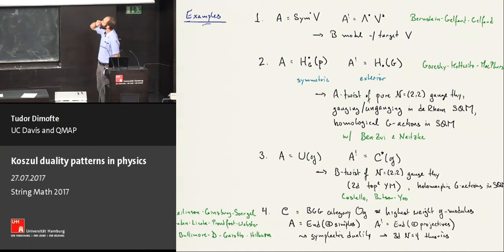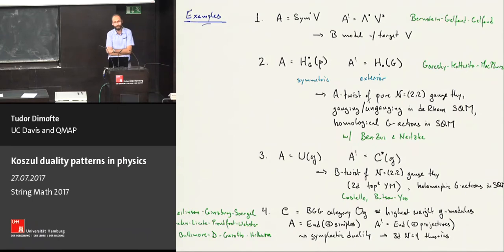So if you actually want to see something more natural, you move on to gauge theory. Another really canonical example of Koszul duality relates the equivariant cohomology of a point, as a symmetric algebra, and the homology of G, which turns out to have the structure of an exterior algebra.